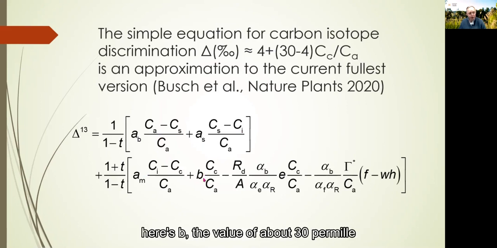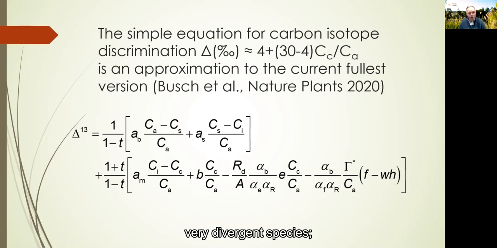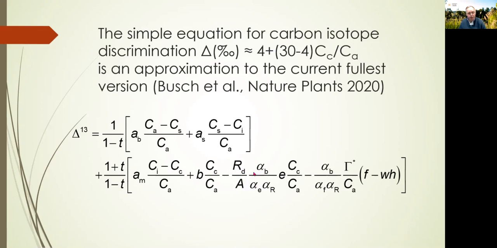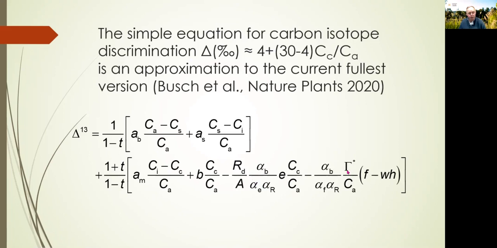Here's b, the value of about 30 per mil, which varies between species and particularly between very divergent species. And this term here relates to dark respiration continuing in the light and its fractionation. And here is the effect of photorespiratory CO2 evolution.